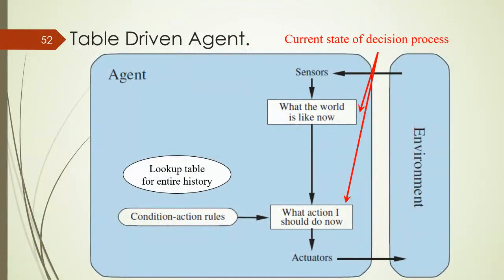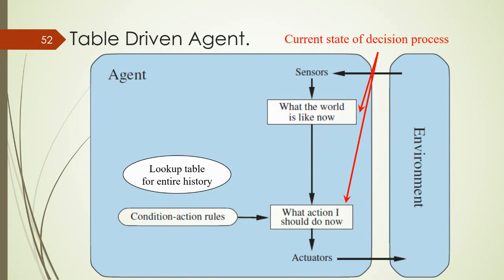The structure of the agent and environment will be something like this. Your agent perceives information from the environment through sensors. This goes to what the world is like now, actually the chain or sequence of percepts that you have, what's going on in my environment. Then you take the decision about what action I should do.